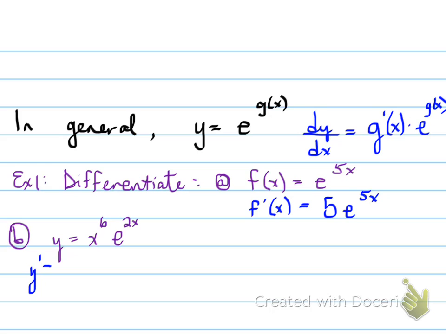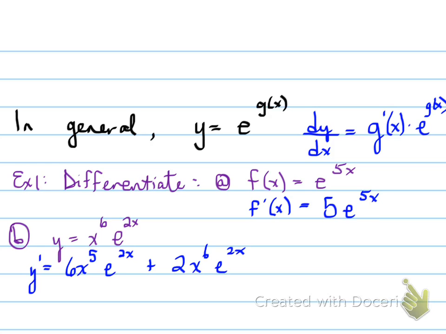Well, it's product rule, folks, so y prime is equal to 6x to the power 5 times e to the 2x, the derivative of the first times the second, plus the first times the derivative of the second, which is 2x to the 6, e to the 2x. The 2 comes from the derivative of e to the 2x. x to the 6 was already there. And so this is the equation.